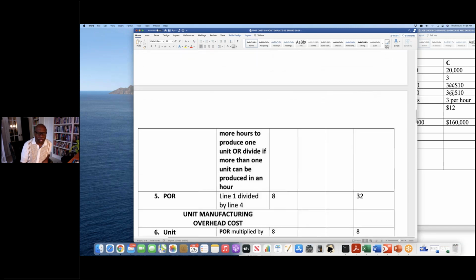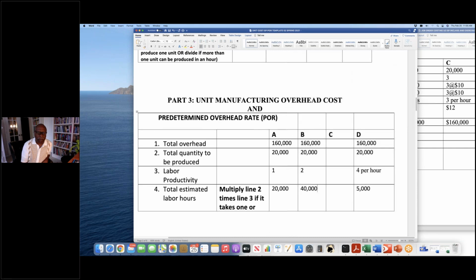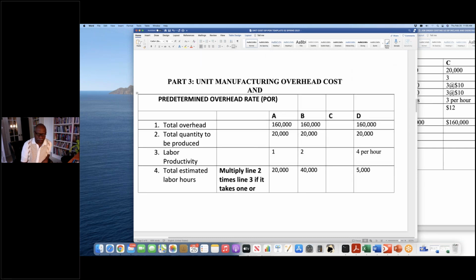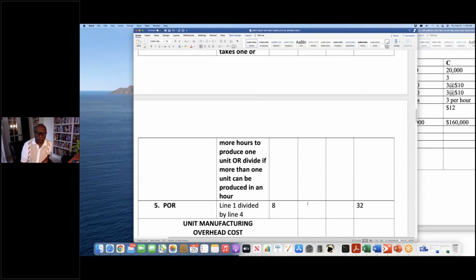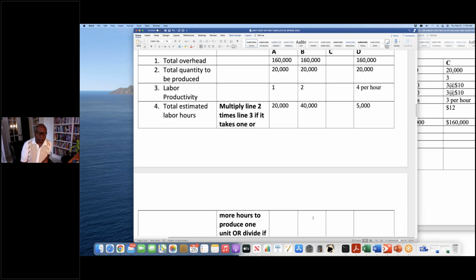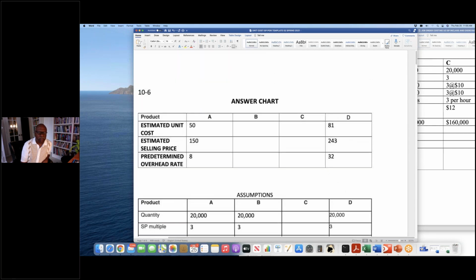So our POR is what? Line 1 divided by 4. So what's our POR going to be? 4. So we're going to take this POR up here all the way to the top since we got an answer.